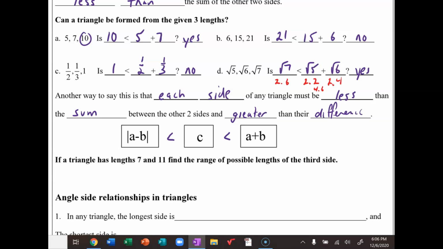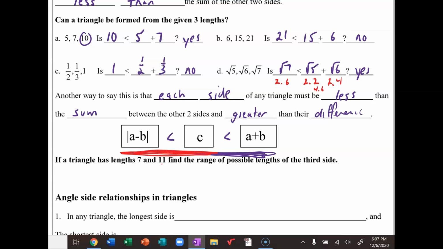In other words, here, this is the part that says it's less than the sum, and this is the part that says it's greater than the difference. For a moment, just don't worry about those absolute values. So if we are looking at two sides of a triangle, right now we don't know what the third side is. So we don't know whether this 11 might be the biggest side of the triangle, but it might not be. We don't know until we know the third side.